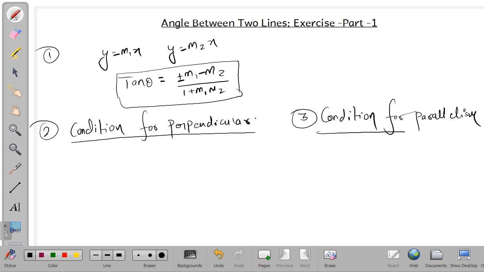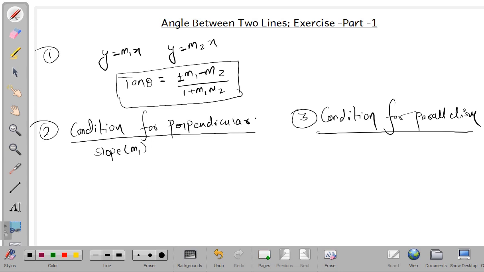Whenever two lines, or points, or the angle between the lines are given, for the perpendicular condition, first we have to calculate the slope m1 from the first equation, or from the given condition.